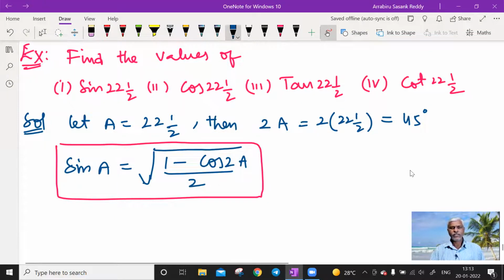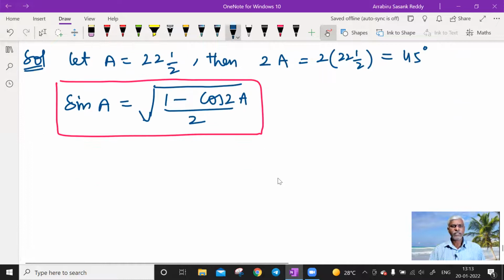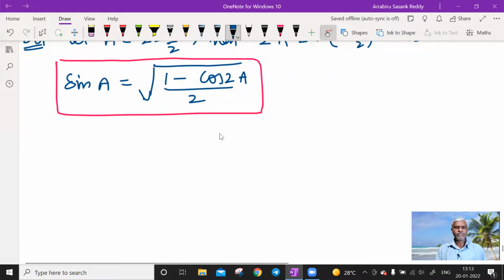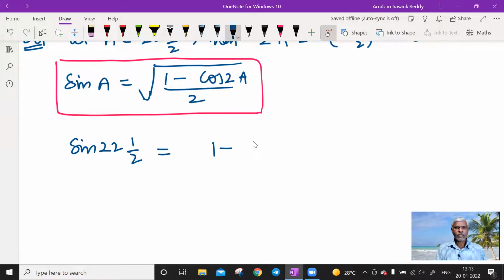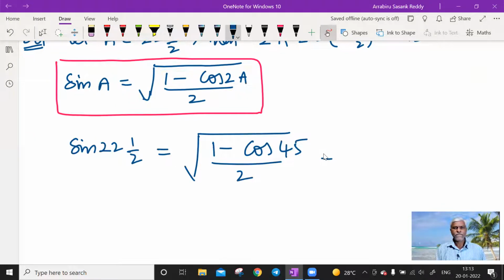Sin a is under root (1 minus cos 2a) by 2, cos a is under root (1 plus cos 2a) by 2. Here, sin 22½ is equal to under root (1 minus cos 2a, that is cos 45) by 2. 1 minus cos 45 is 1 by root 2.